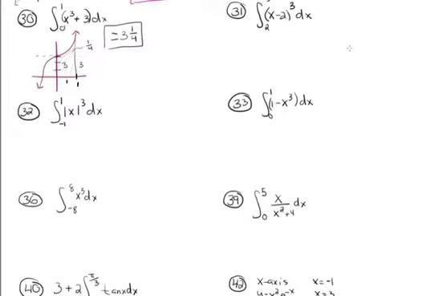31, same idea. Again, I'm counting on you remembering how to translate functions that you learned in pre-calculus in Algebra 2. But we know that if we take the function x cubed and we change the inside of the function to x minus 2, we should remember that that means the function moves over 2 places.